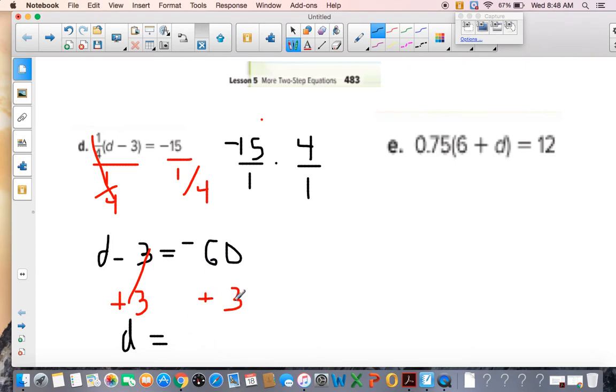Different signs when adding, so we have to find the difference. So we're subtracting 60 minus 3, which gives us 57, but remember, we have to use the negative because negative 60 has a greater absolute value than the 3. So we end up with d equals negative 57.